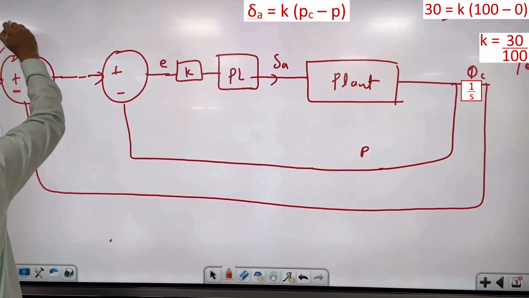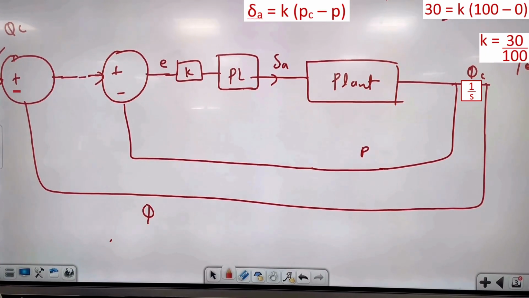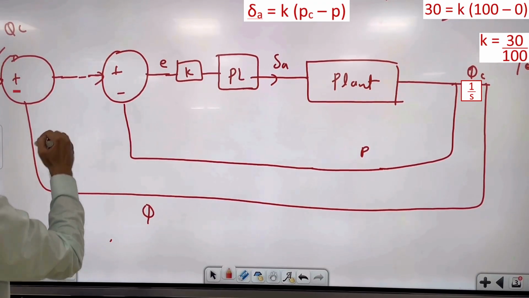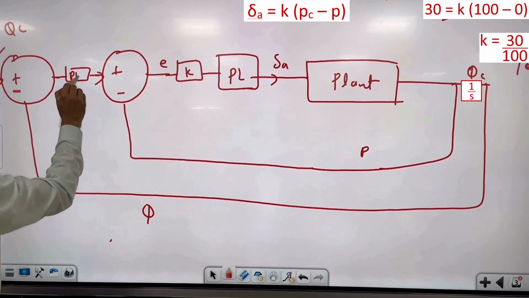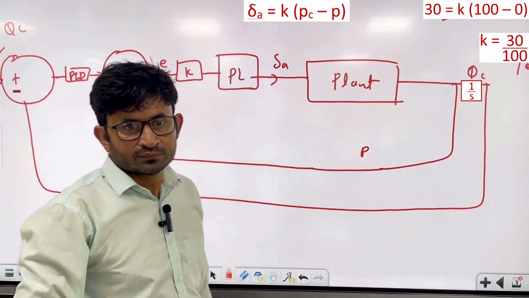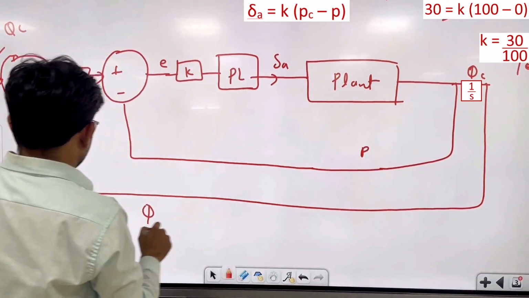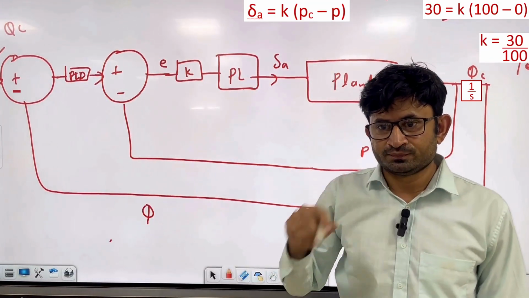Okay, phi command, this is phi, and here you can use a PID controller or PI controller. Right? So instead of rate, you are commanding angle.